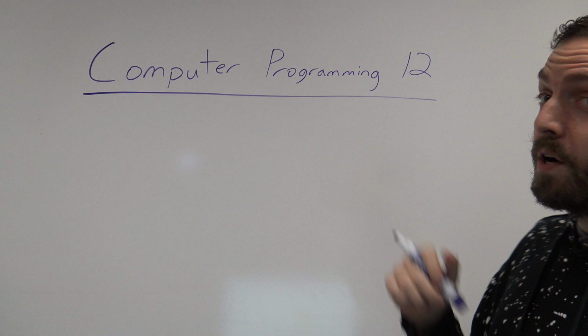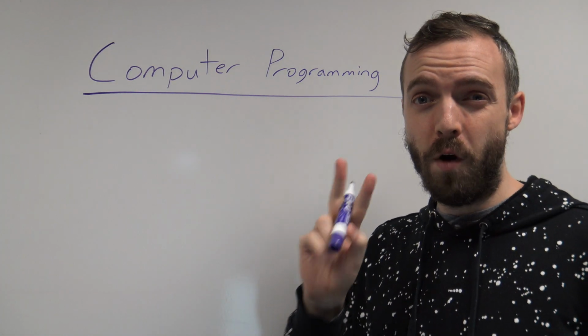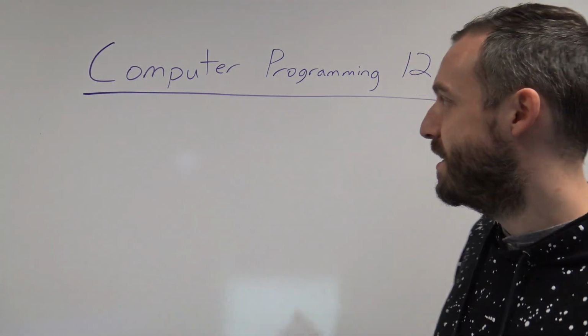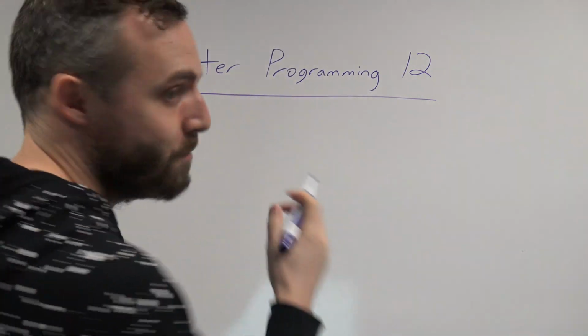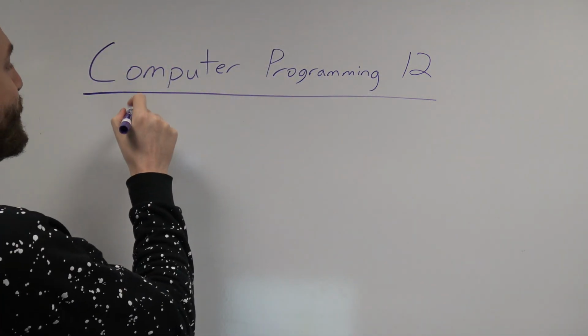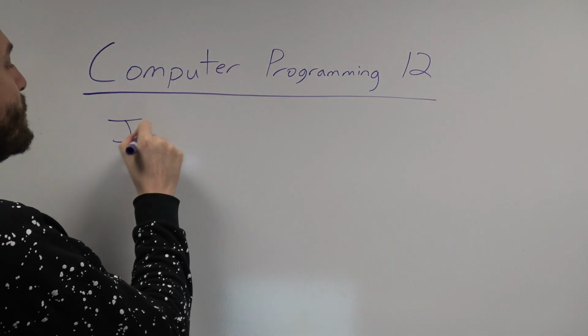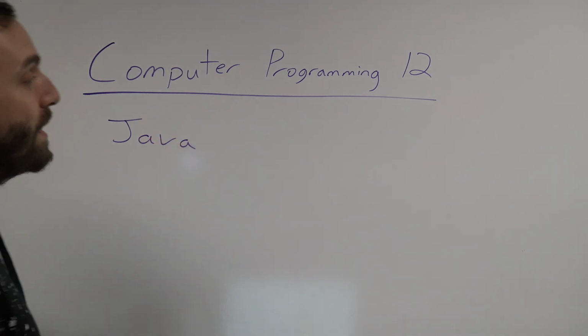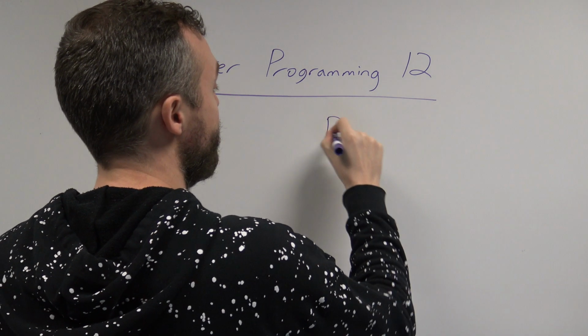Well, in Computer Programming 12, you're going to have two options for coding languages that you can follow. The first option is going to be studying Java. And your second option is going to be studying Python.